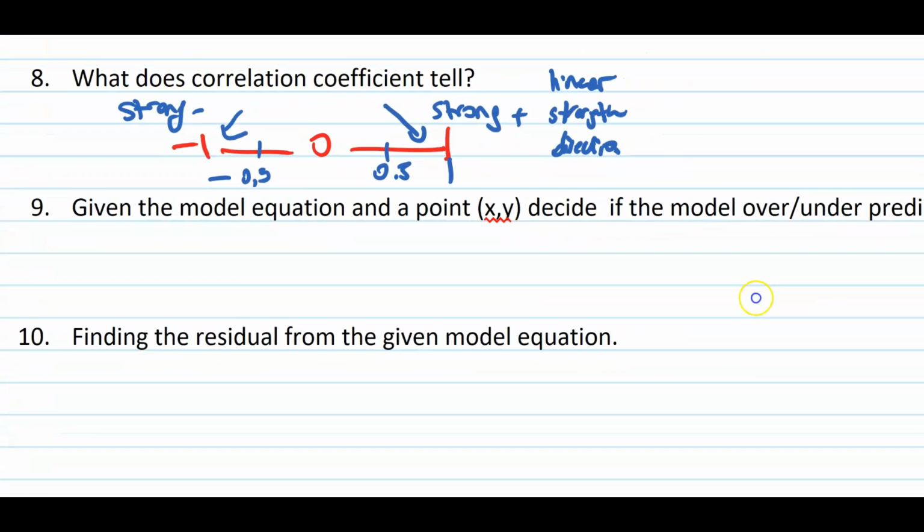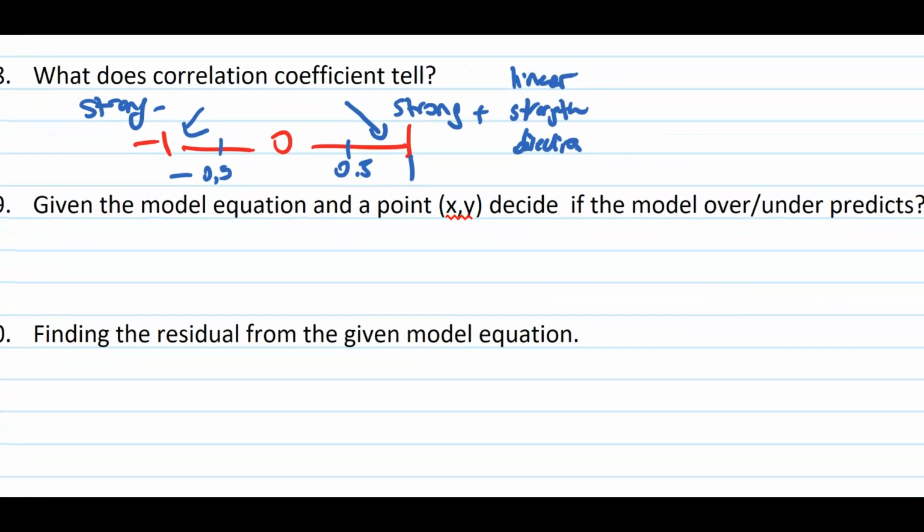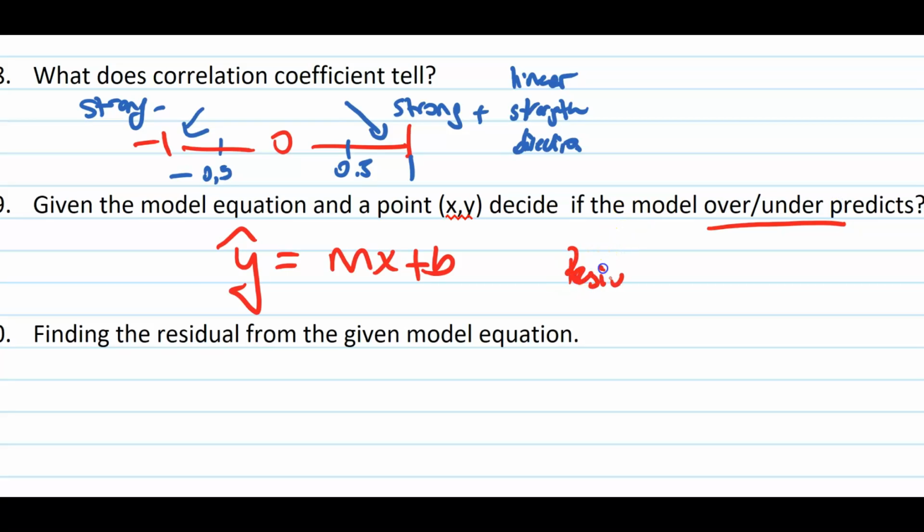All right, so now we also talk about the model, which is y hat equals mx plus b, right? And deciding whether the model over or under predicts. When over or under prediction happens, we need to know the residual.